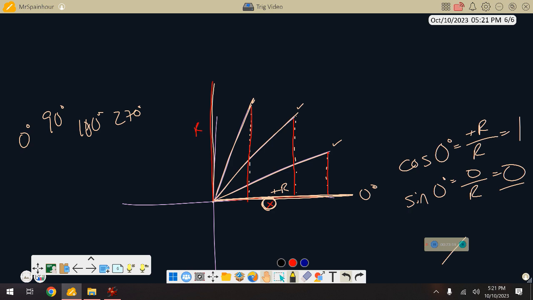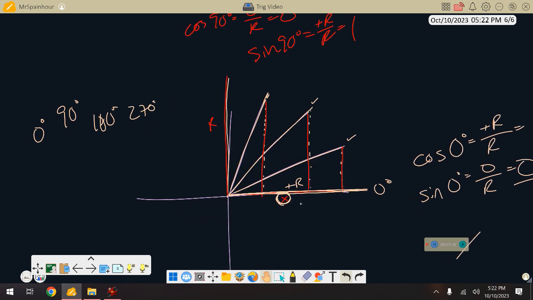All of it's on the y, or the opposite side. So the cosine of 90 degrees, the adjacent is 0 over r, or none of it's on the x. How much of it's on the y? All of it's on the y, so plus r over r is 1.